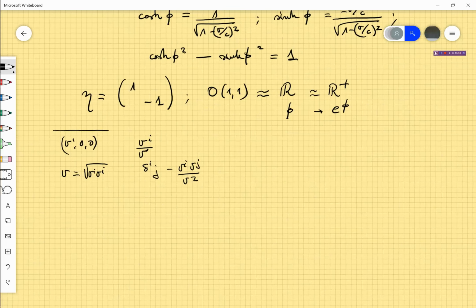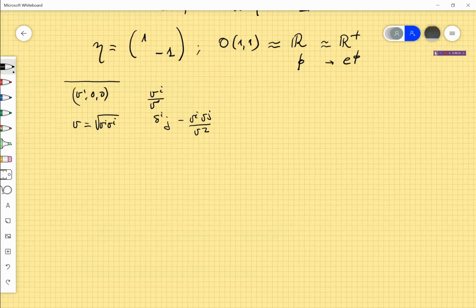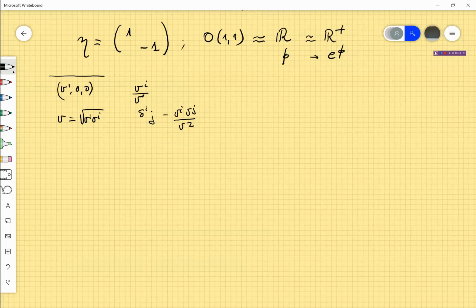Basically this result that I'm going to write now is an educated guess that you can check. So these transformations will be of this form. You have x0 prime equal to x0 minus vi divided by c xi, and I will discuss why this is true later, divided by this usual factor.